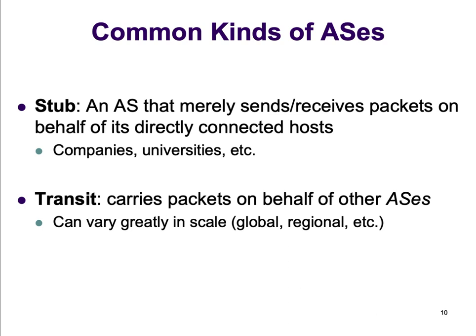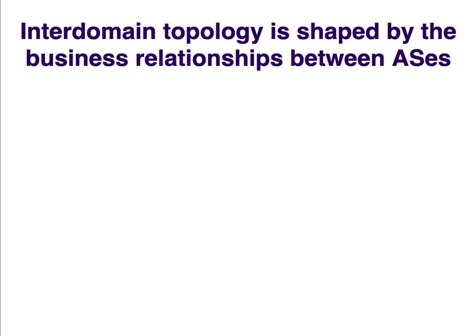You might have a transit AS, for example, that covers California, and then you might have a transit AS, what we call tier 1 ASs, that cover the entire globe. So there's a little bit of hierarchy even amongst transit ASs. But by and large, this is an important distinction: a stub AS is only for your directly attached users, while transit ASs carry traffic for other ASs.